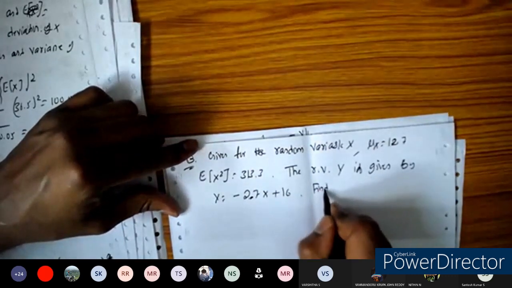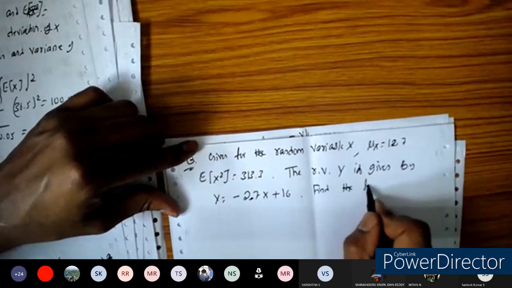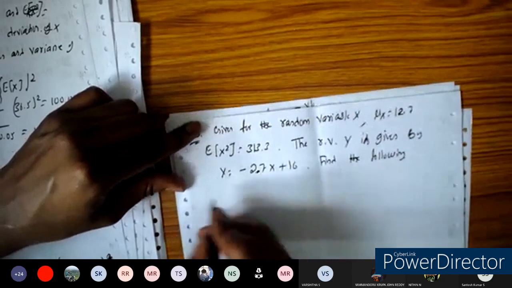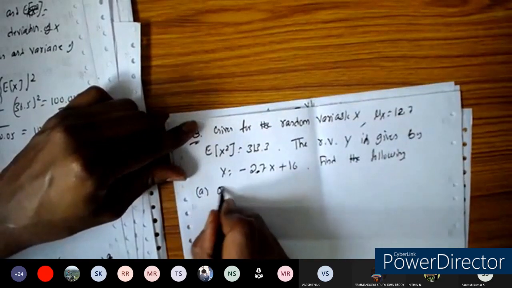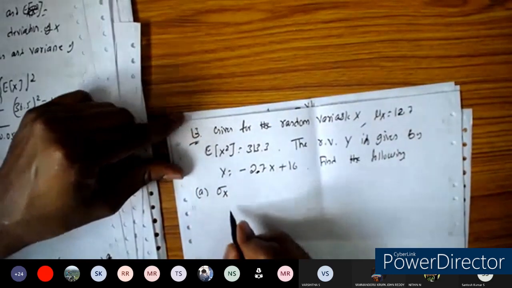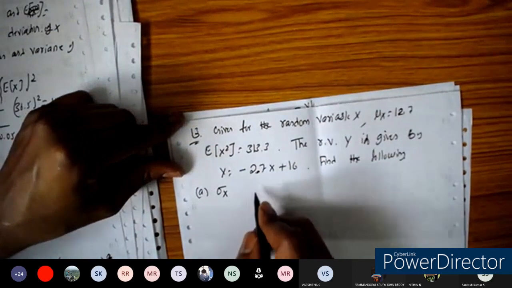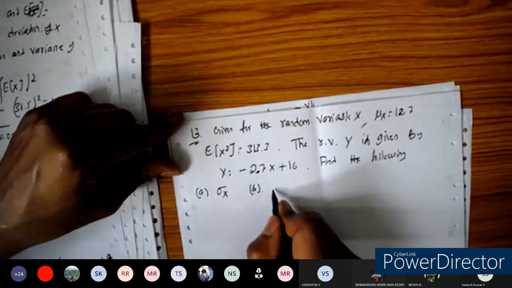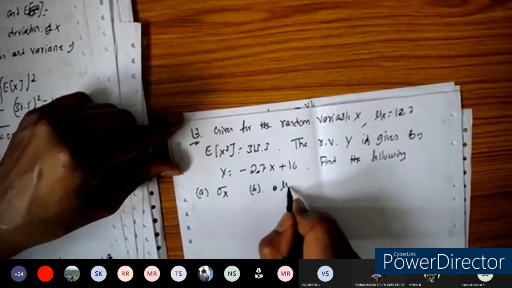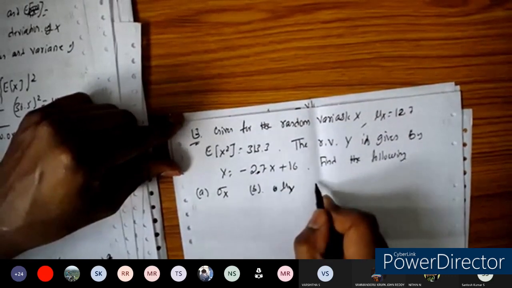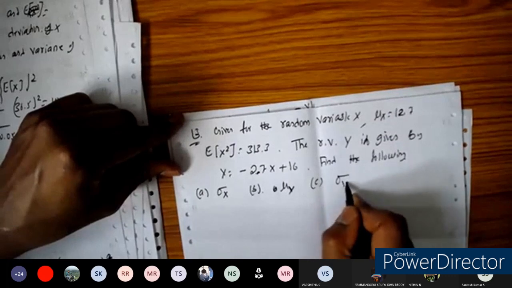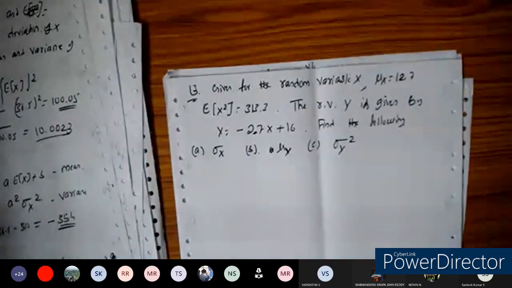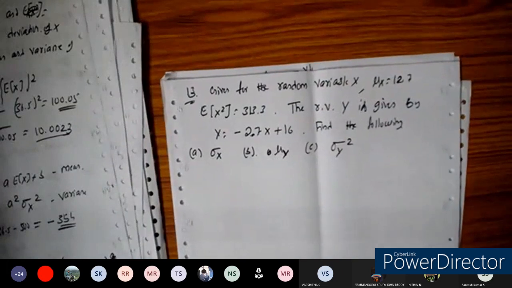Find the following. First, sigma x, the standard deviation. Next, mu y, the mean of random variable y. Next, sigma y square.